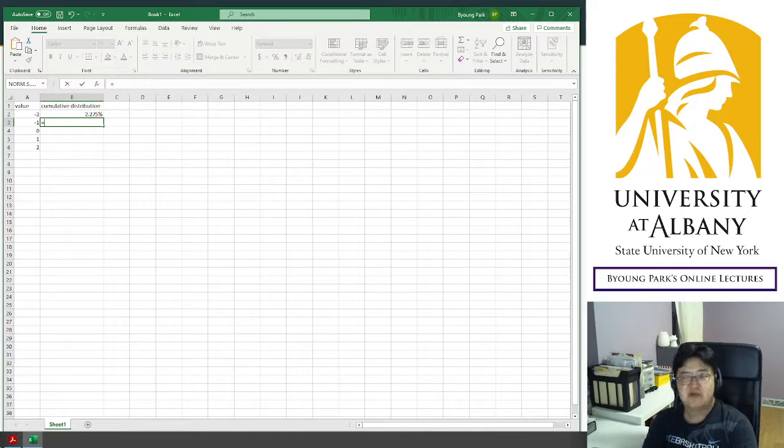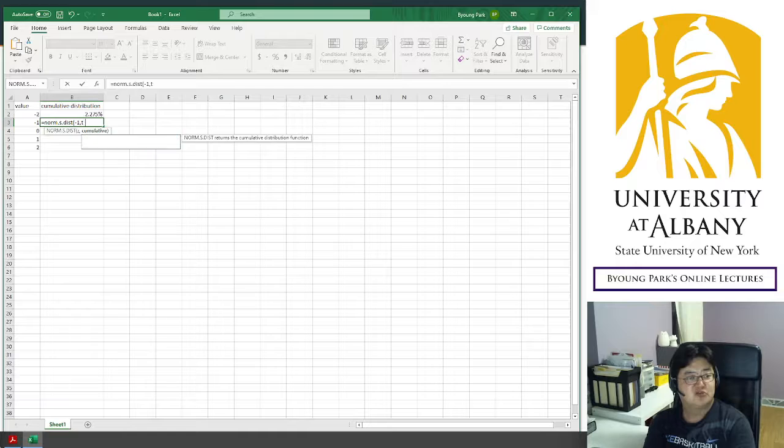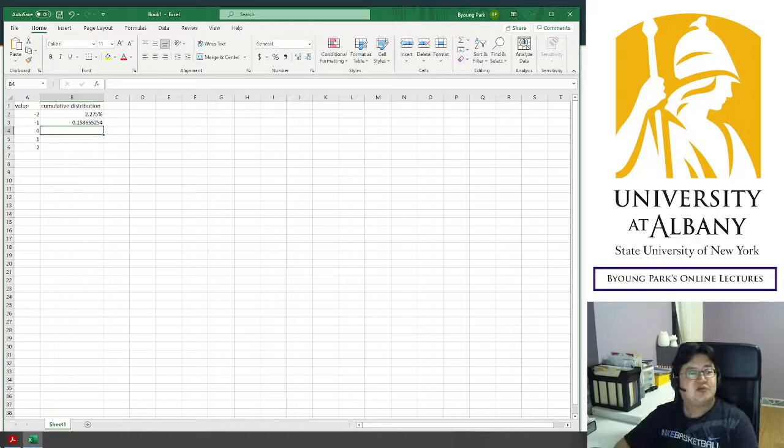I will type the formula: equals NORM.S.DIST of -1, TRUE, which returns another probability, 0.15866, which is 15.86553%. So this is the probability smaller than -1.